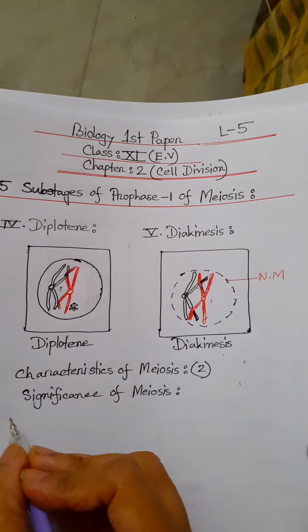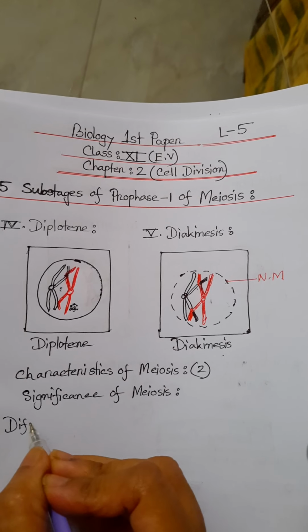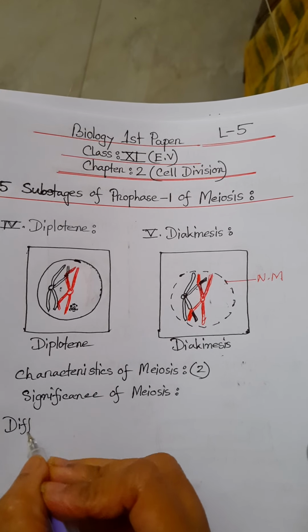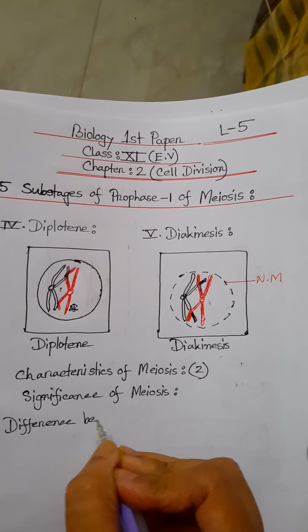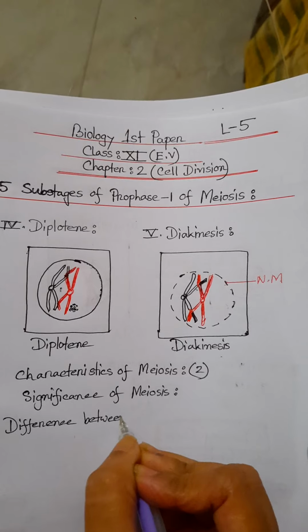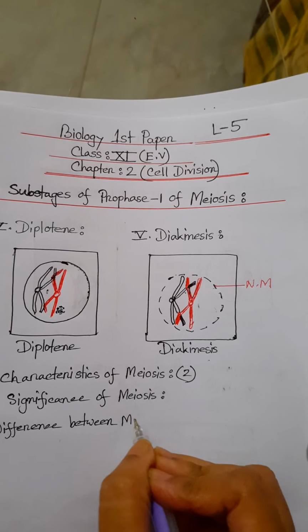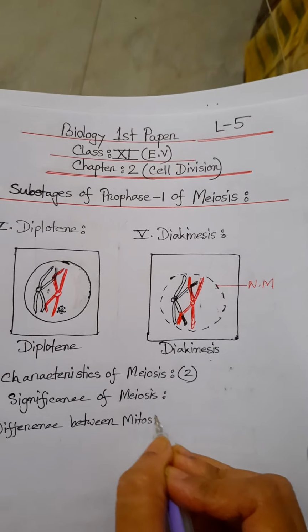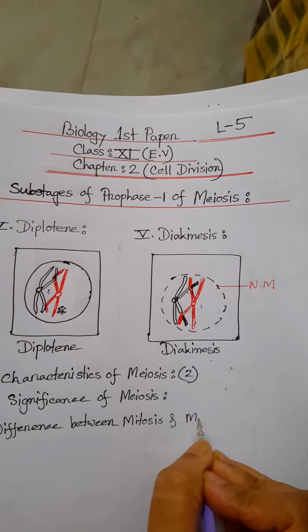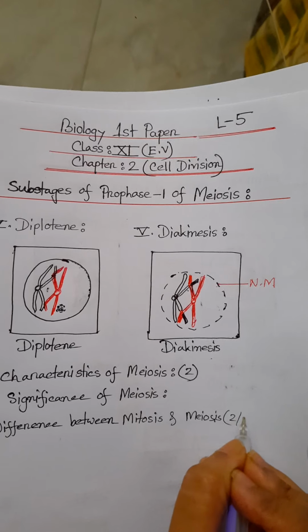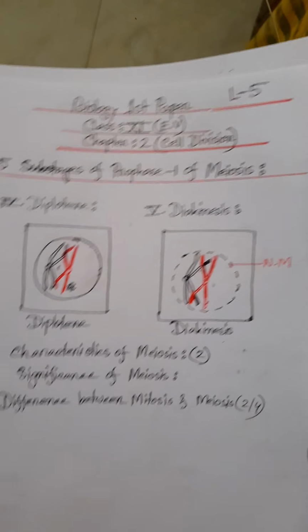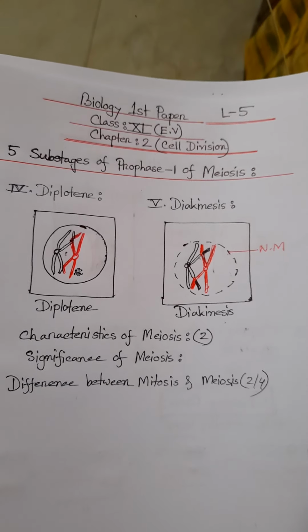Then, difference between mitosis and meiosis. Another question is 2 or 4 marks: difference between mitosis and meiosis.